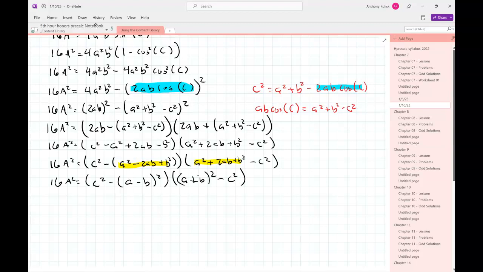Look at what I have now again. I have two differences of two squares. Guess what I'm going to do? Factor those. Oh my goodness.